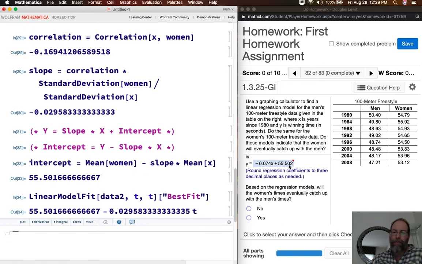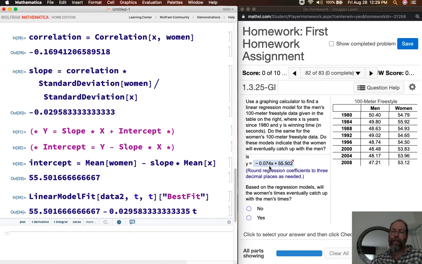My intercept is 55.502, but the slope is supposed to be negative 0.074. I don't agree with that, guys. Pearson and Mathematica agree on the intercept, which is about 55.502. I don't agree with Pearson here.